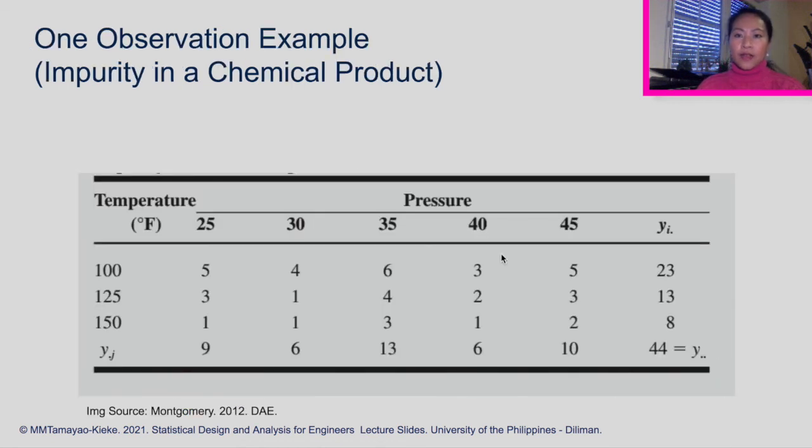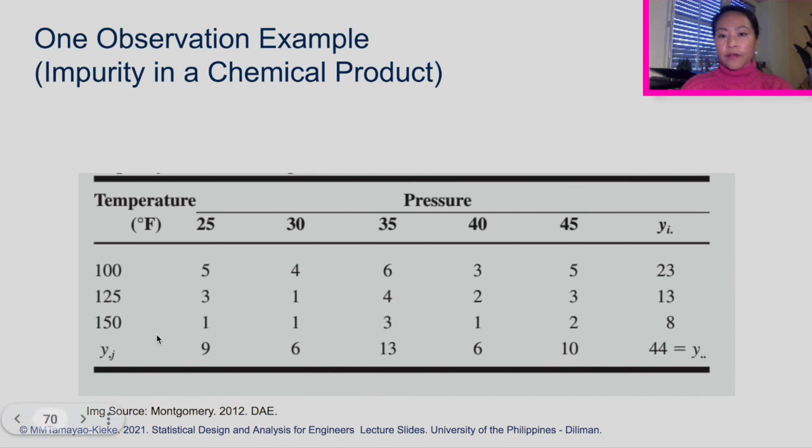So let's take this impurity in a chemical product example to illustrate what we just discussed. Suppose that the impurity in a chemical product is affected by two factors, namely pressure and temperature. The data from a single replicate of a factorial experiment are shown here, which was from Montgomery as well.